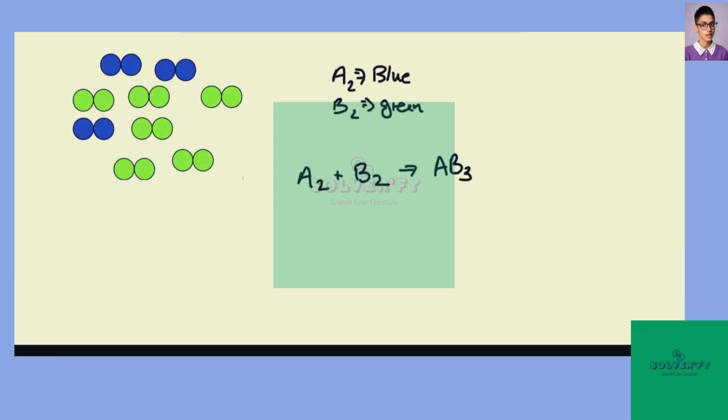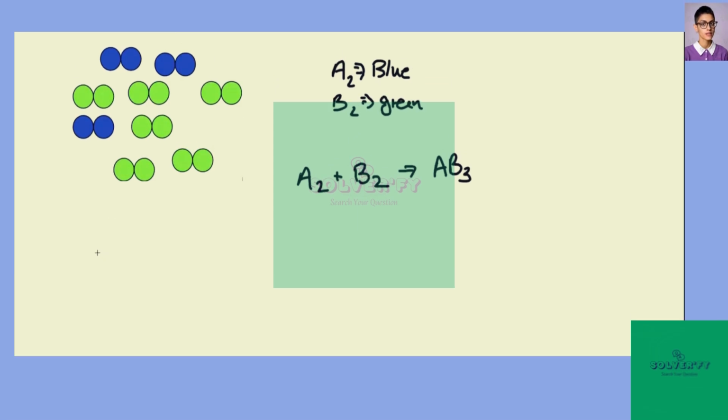Limiting reagent is the initial reactant that produces the smaller quantity of product.